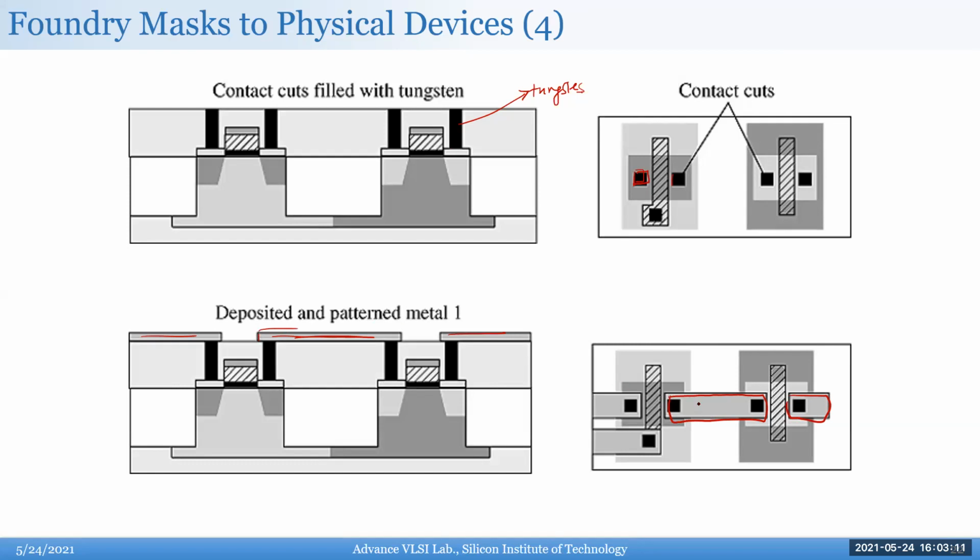Again, take the metal masks. So these are your metal masks. Let's say this is M1, the first layer, metal 1, and you deposit metal 1, do photoresist, do all your patterning, and then you'll be left with metal just in the areas where you have drawn the layout. And now you start doing the connection.